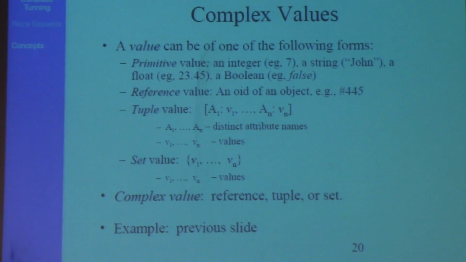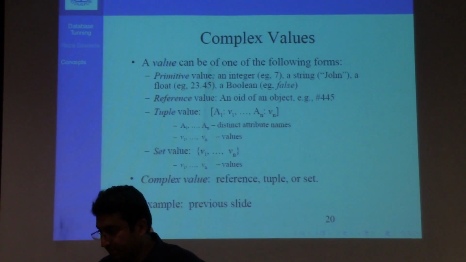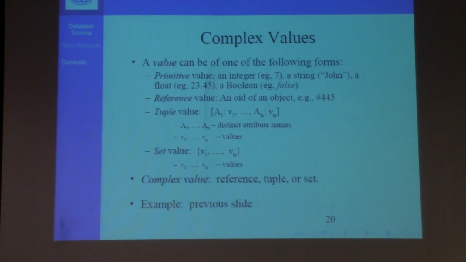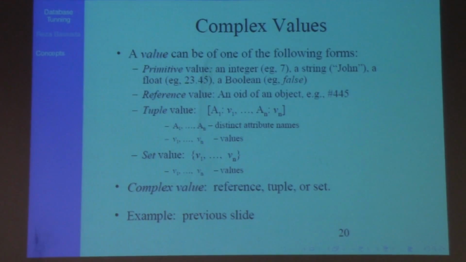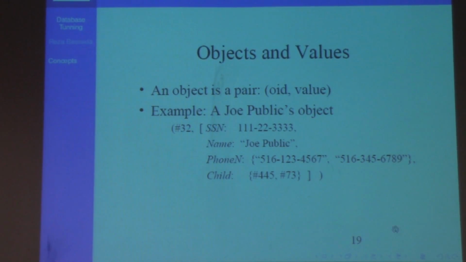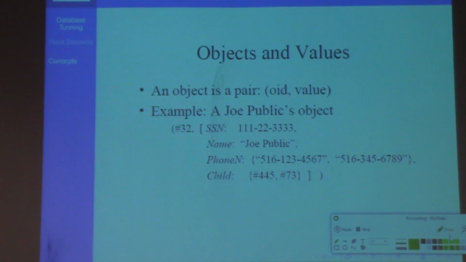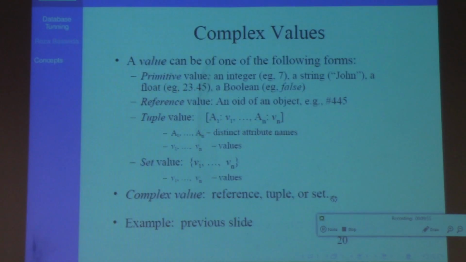Okay, so the values can be either primitive or complex. So this value here can be either primitive or complex.